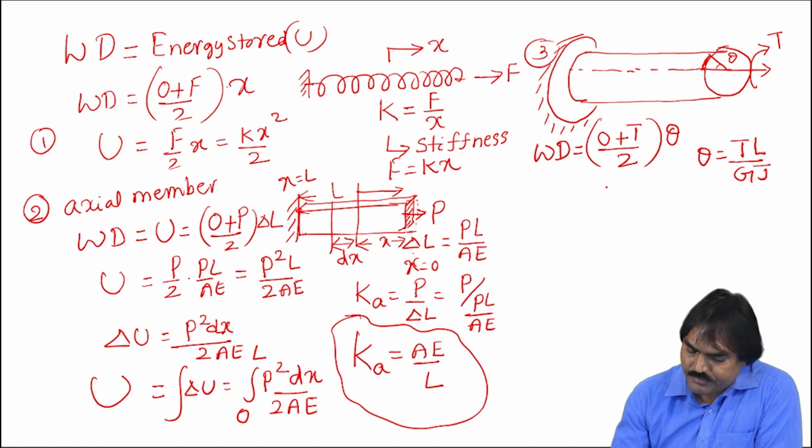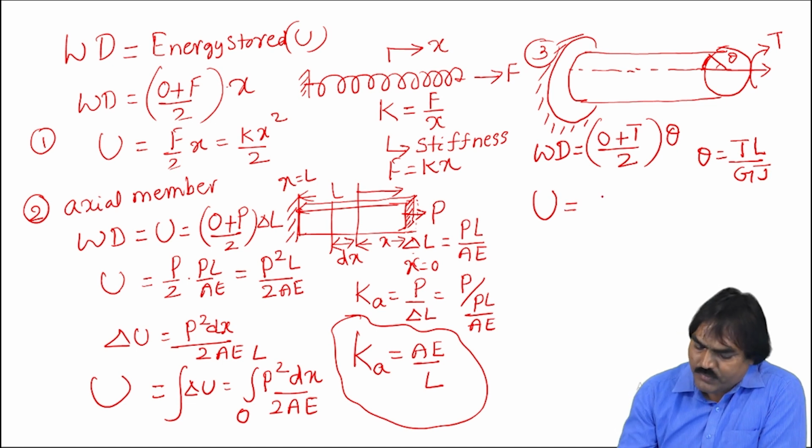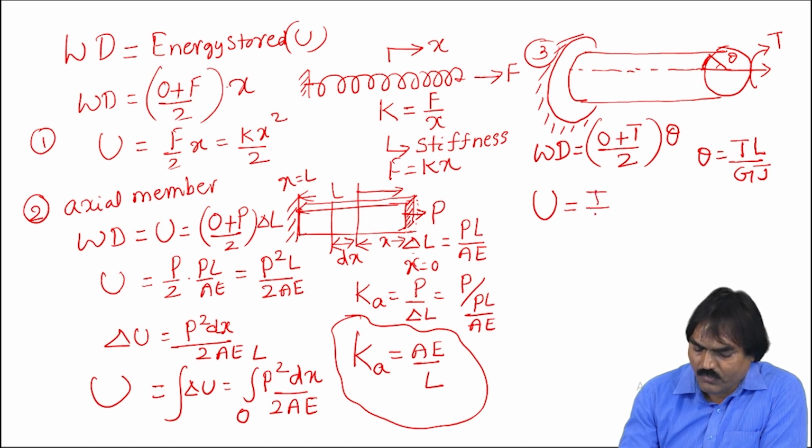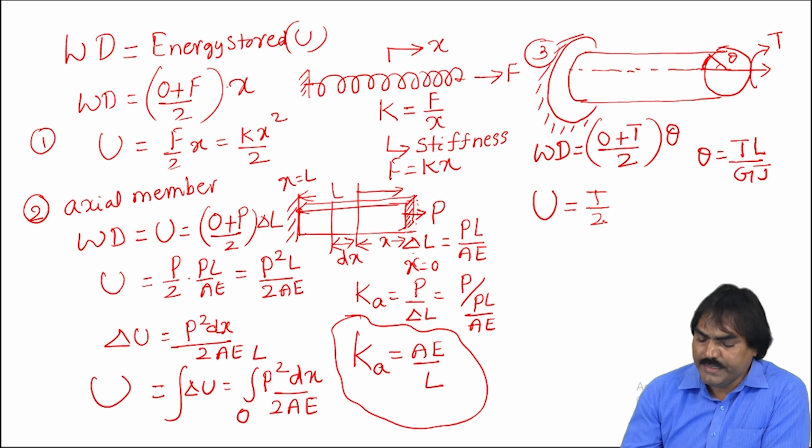Now, the energy is equal to work done, if there is no loss. That becomes T by 2 into theta, that is TL by GJ.